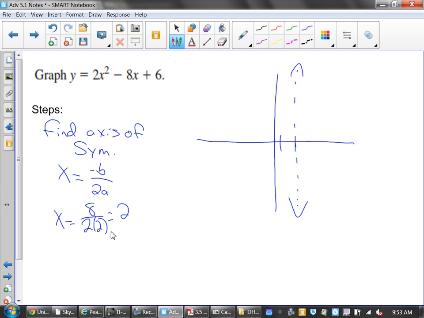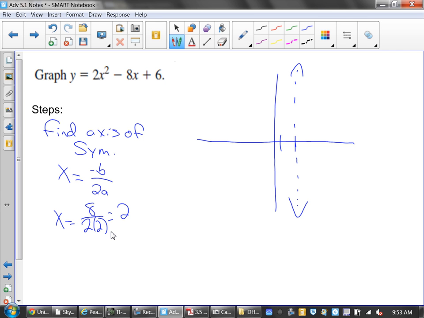Now, when I'm looking at this, remember when we talked about our graphing, when we talked about word problems, what did we know that happens at the maximum or the minimum? Remember, that's your maximum and your vertex. It curves there. Now, we know that this is going to be up like a cup, right?